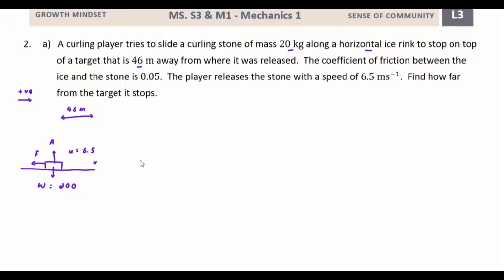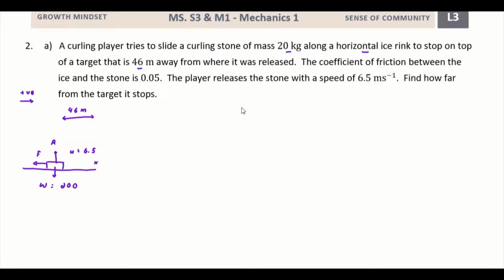So can we label our force over here? Am I going to put anything like a pushing force here? We can't do that, because if we did, it would be a continuous force.